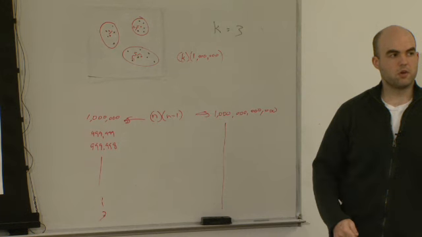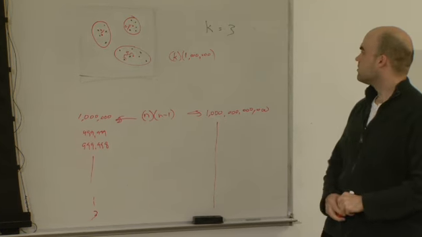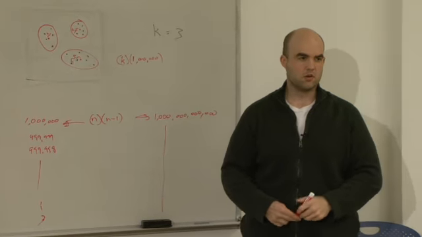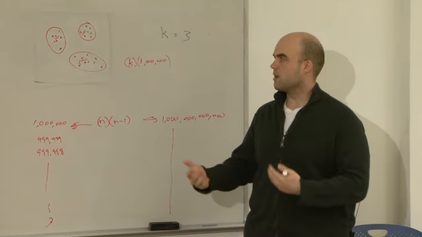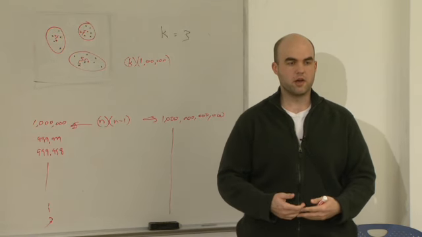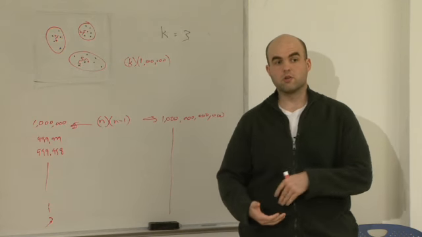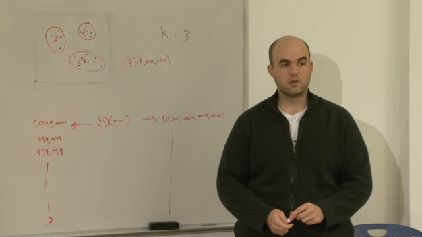Because for each point, we need to find the closest centroid, approximately. So the upshot is that k-means winds up being a lot more efficient on each iteration, which is why if you have a large number of points, you might want to choose k-means over hierarchical clustering.